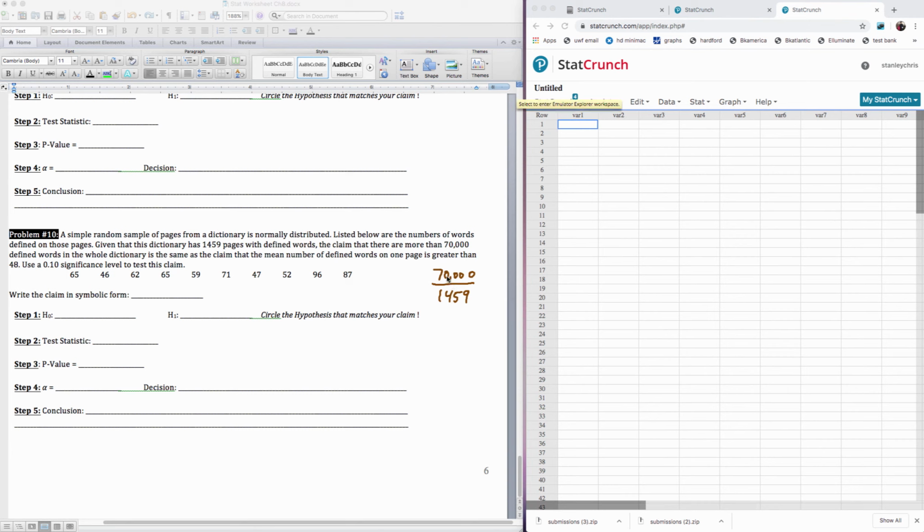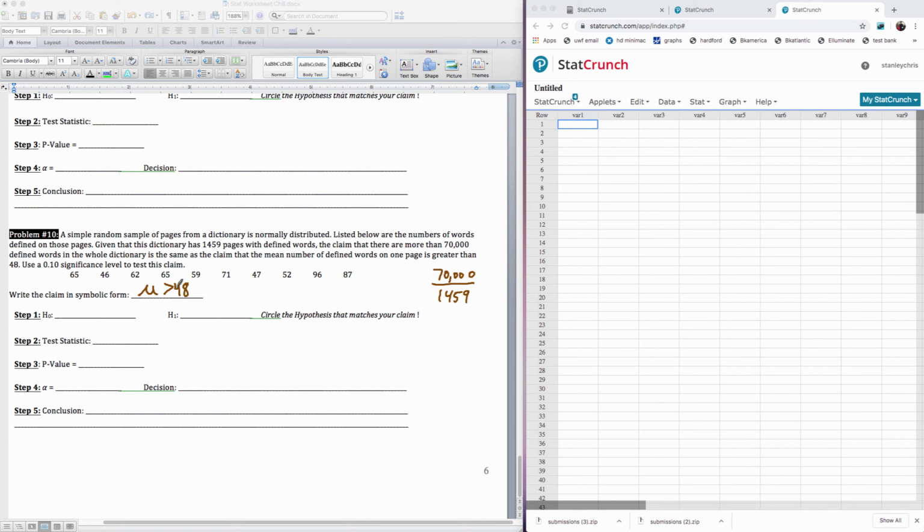Okay, so if it was really 70,000 words in the whole book and there was this many pages, there would be really close to 48 words per page. Well, they think there's more than 70,000. So if every page had more than 48, then the average would be bigger than 48. So our claim is that the true average is greater than 48.